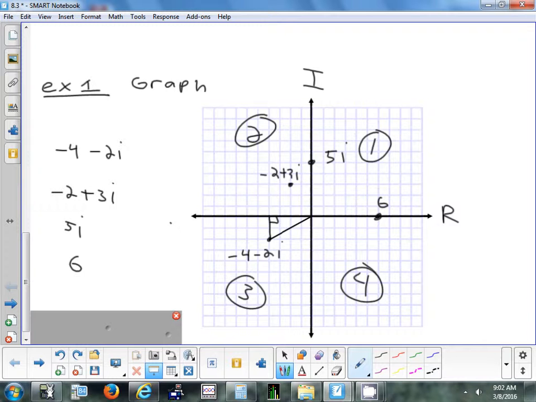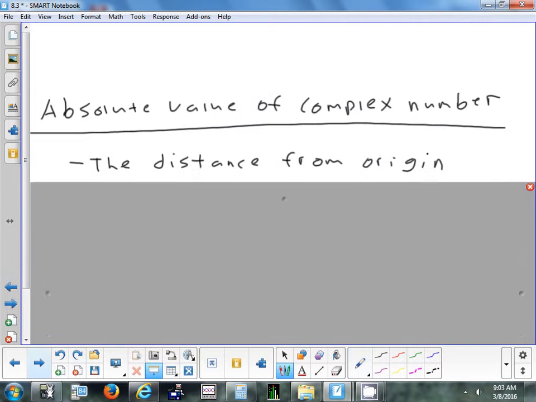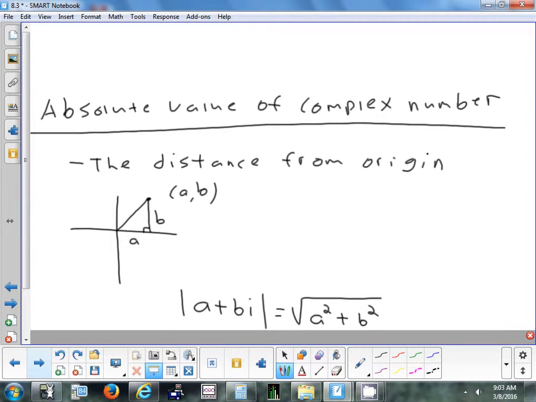And now, what in that triangle do I really want to find that'll tell me the absolute value of this point? The hypotenuse. I already know each leg. That side is 4. That side is 2. What theorem do we use? Yeah, just use the Pythagorean Theorem to find the length of the hypotenuse, and that's the absolute value. That's the distance from the origin.